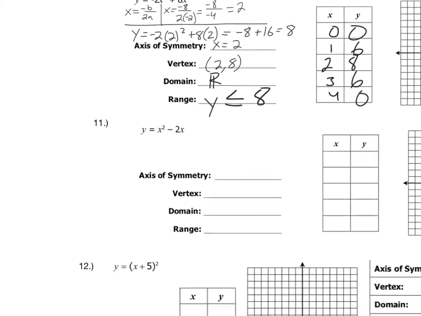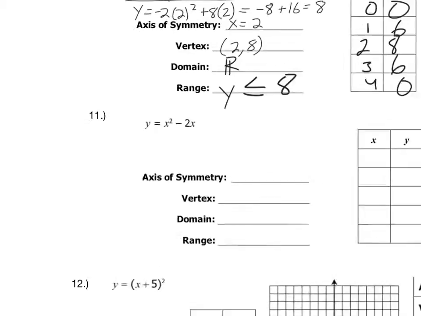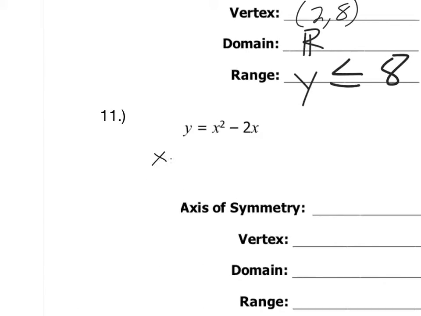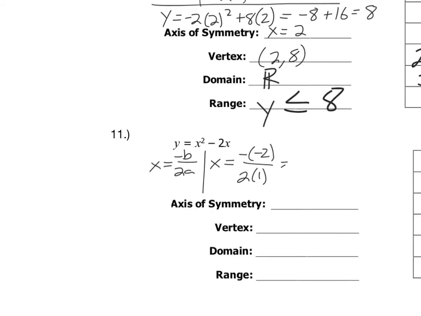All right, so the next one is also in standard form, so we'll have to use the axis of symmetry formula, which is x equals -b over 2a. In this case, the number in the b position is -2, so it's going to be x equals -(-2) over 2 times, and then in the a position we have 1. So -(-2) is 2, and 2 times 1 is 2, so our axis of symmetry is going to be x equals 1.